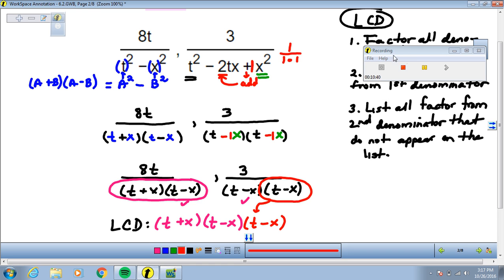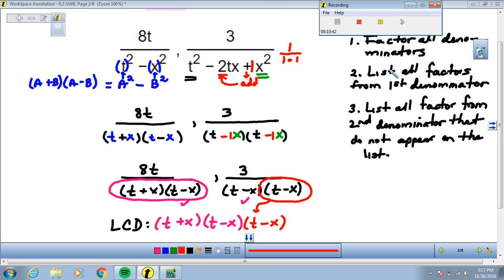So remember, the rule says factor the denominator, then you list all of the factors from the first denominator. We did that. And then we're going to list any factor from the second denominator that does not appear on the list. So there's an extra one that we need to include in the list.